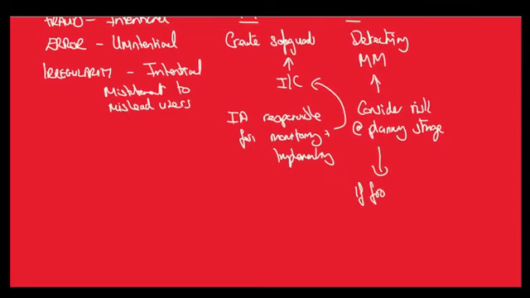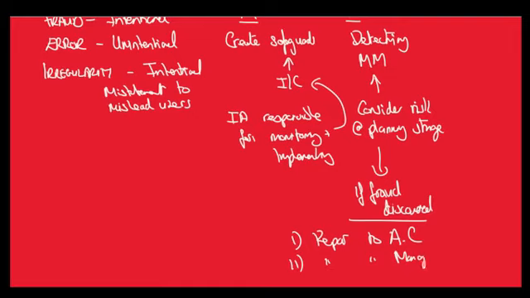And then, if the fraud is discovered, then they have more duties. If they do uncover some fraud, then what are their duties then? Well, then they've got to firstly report it to the audit committee. Secondly, report to the management, high level, unless of course they're involved in it.